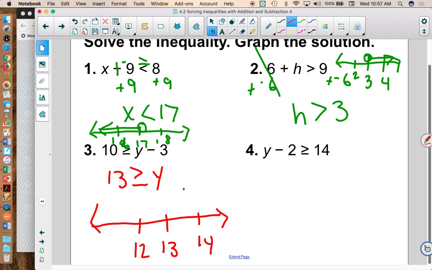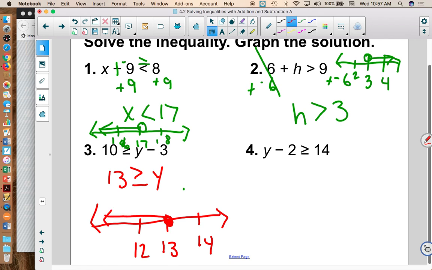Is 13 part of the solution? Yes. So I can put a closed circle on 13. But now it says 13 is greater than or equal to y. You're graphing the y value. So if 13 is greater than y, that means y has to be less than 13. So at this point, you've got to draw your line this way.